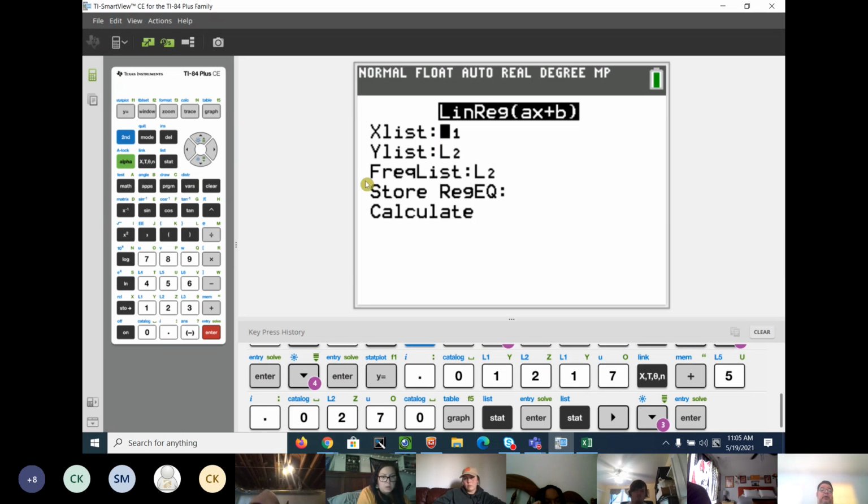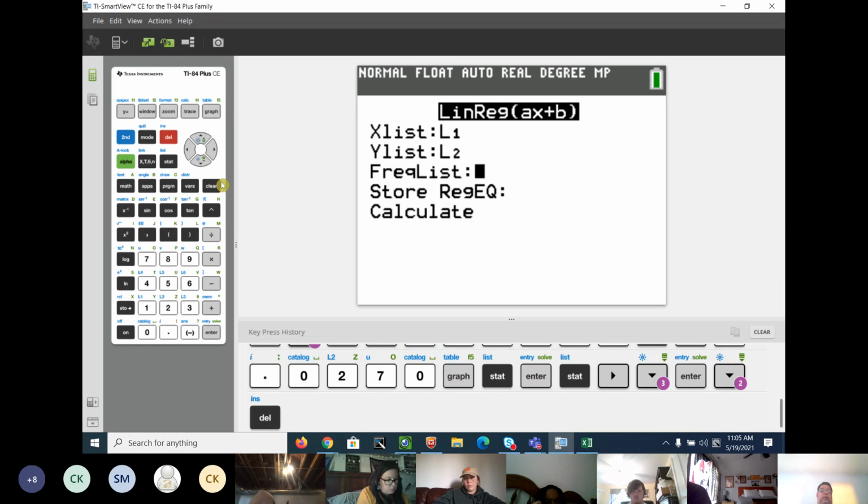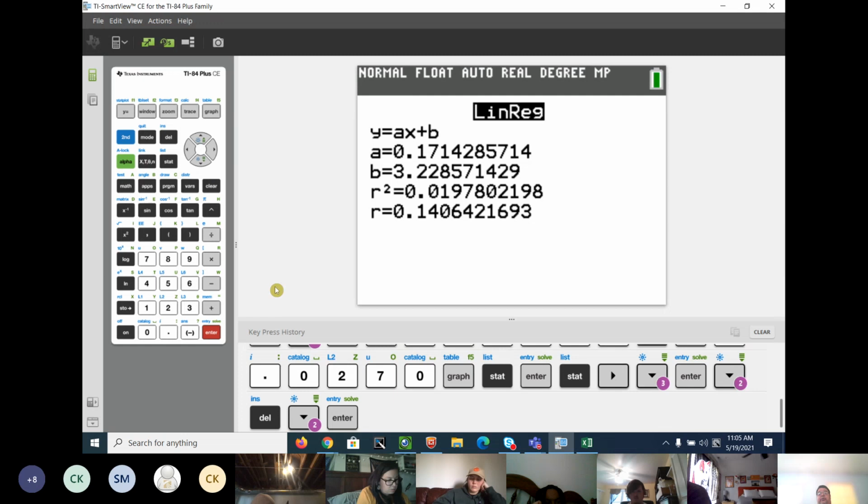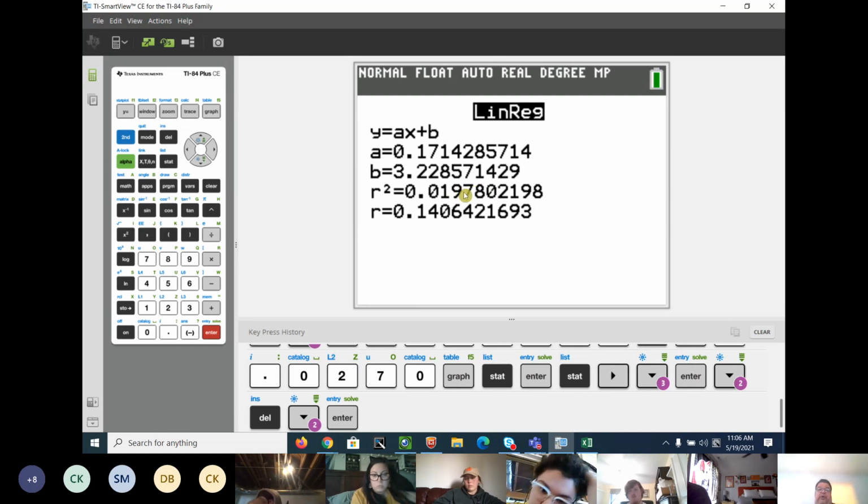L1. Okay, that L2 is not supposed to be there. Let me take that out. There we go. Maybe that's why. There we go. My apologies. I had something typed in that other list. That's why it was off. So there it is. And that's why it's also good to check on the Excel spreadsheet to make sure you don't have something wrong with your calculator.